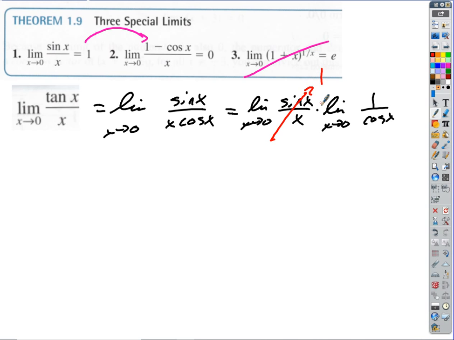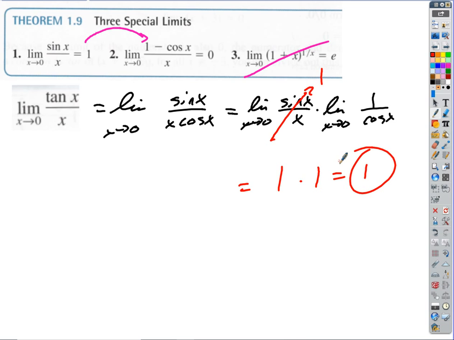Right? If I evaluate this one directly, what do I get? 1. So my answer is just 1 times 1, which is 1. See how that works? So we want to coax this special limit out because we know that even though that one seems indeterminate, that's one of our special limits we know how to evaluate, right?